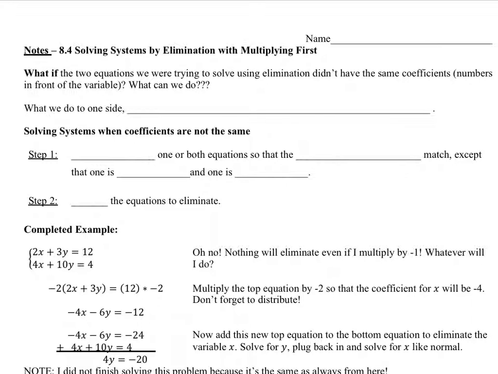And even if we multiply one of them by negative 1, nothing's going to eliminate. But what would be really nice is if this number right here wasn't a negative 1, because remember there's a 1 right there. It'd be nice if it was negative 2, because then 2x plus a negative 2x would cancel out, or would eliminate. So what we can do is, remember, what we do to one side, we must do to the other. So let's go back up here and fill that out real quick.